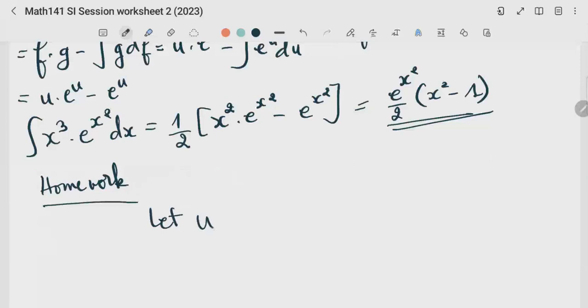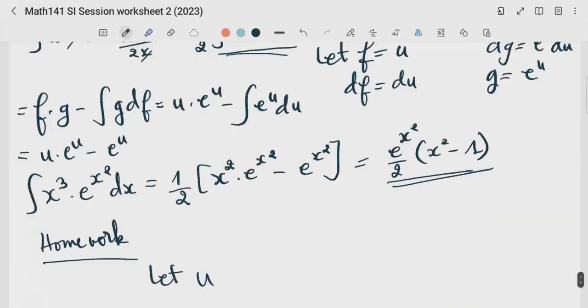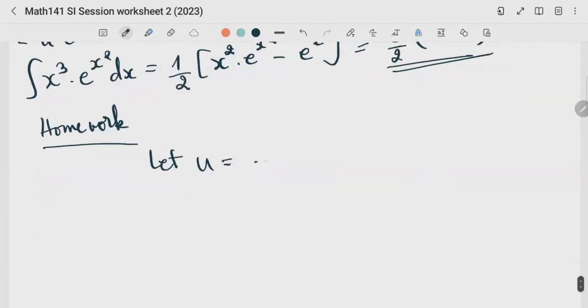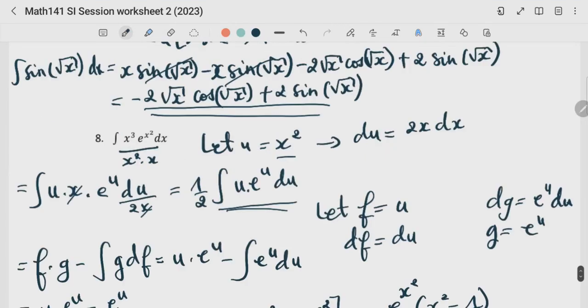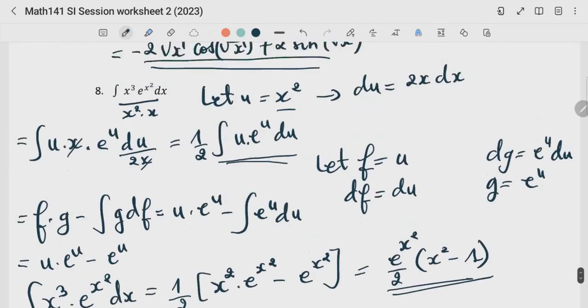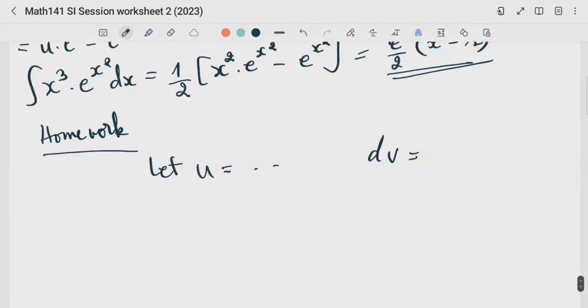So which choice of u and dv could you suggest? Well, we could try u equal to x cubed and dv be equal to e to the x squared dx.